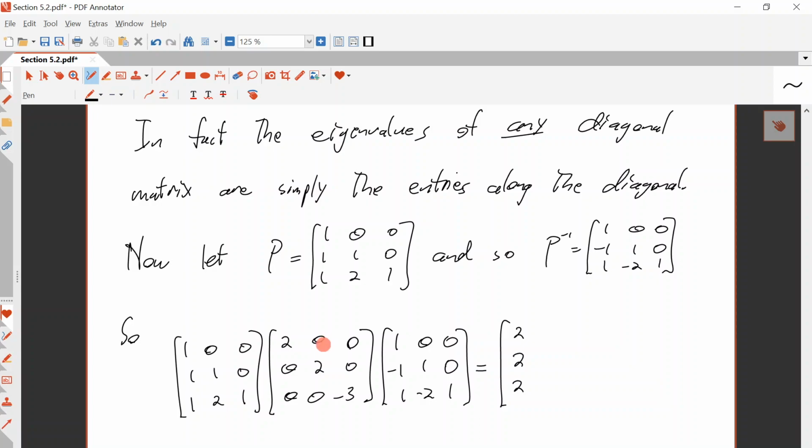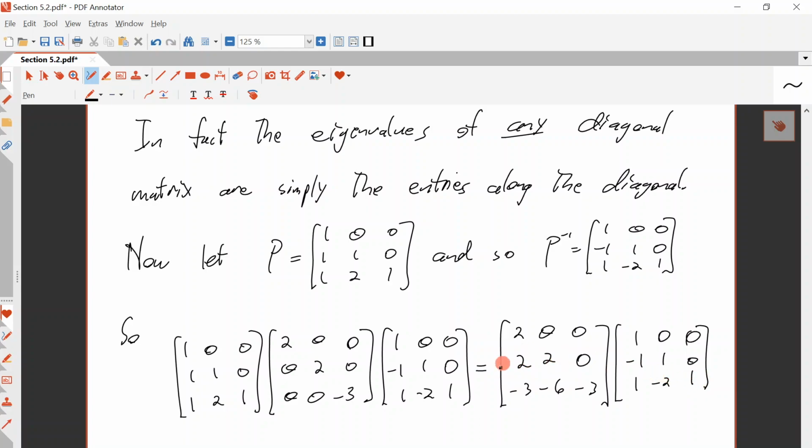First row, second column is 0. So this is 2, 0, 0, 2, 2, 0, and then minus 3, minus 6, minus 3 times this guy here, 1, minus 1, 1, 0, 1, 1, 0, 0, 1. Double check that.